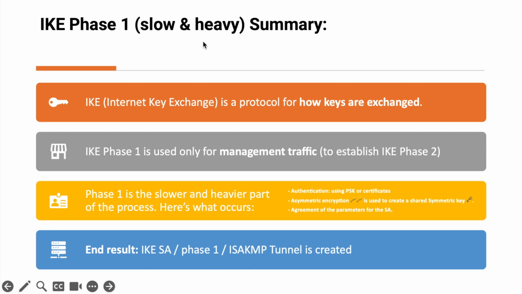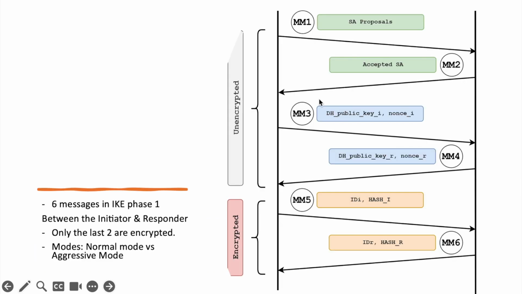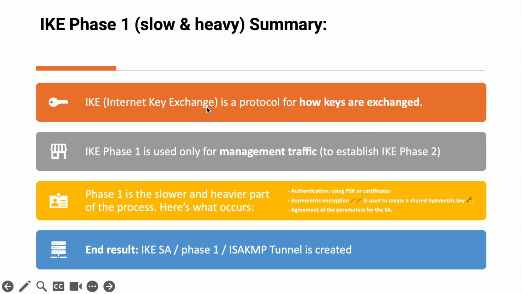Okay, so now let's have a look at IKE Phase 1. One thing to bear in mind is that IKE Phase 1 is sometimes called the slow and heavy phase, and that's because it takes longer to establish than IKE Phase 2. Just some things to summarize that will help your understanding when we're studying it in more detail.